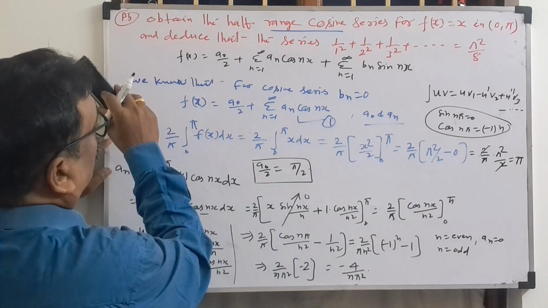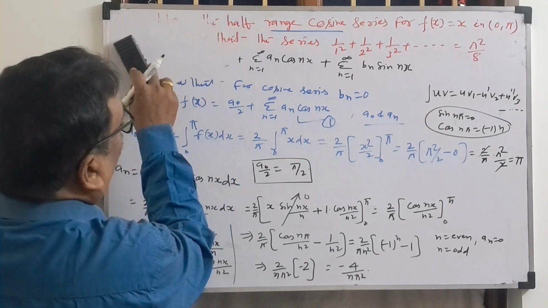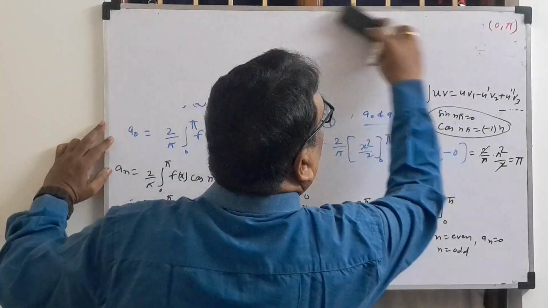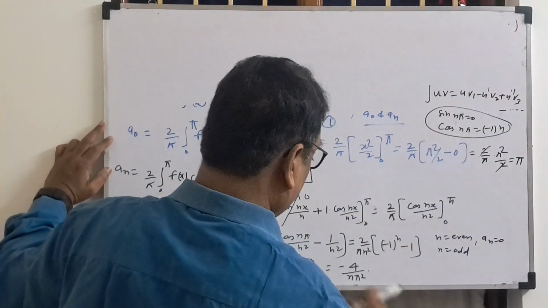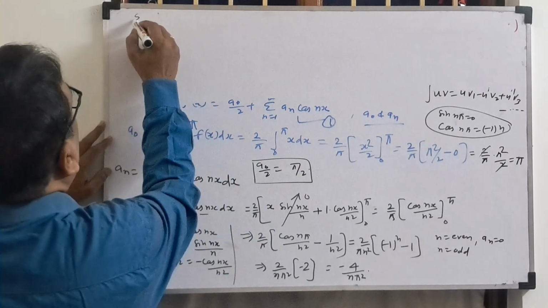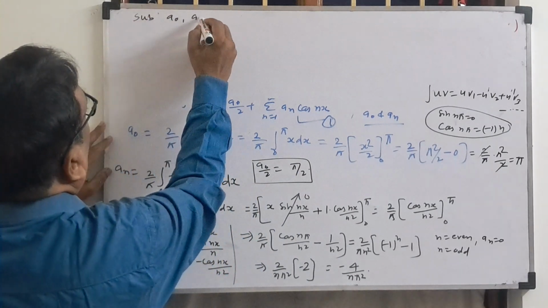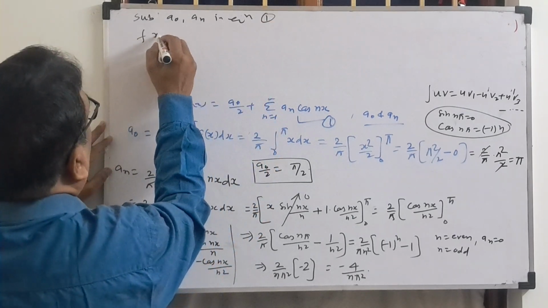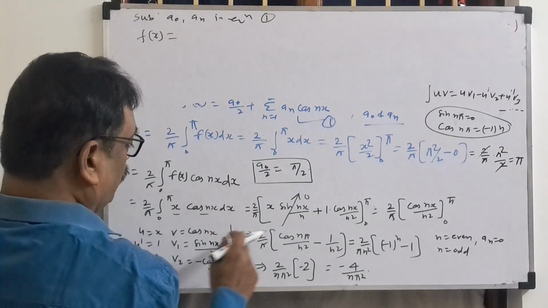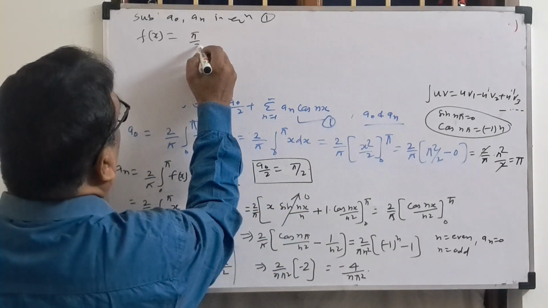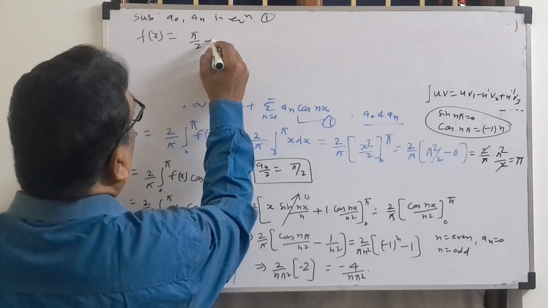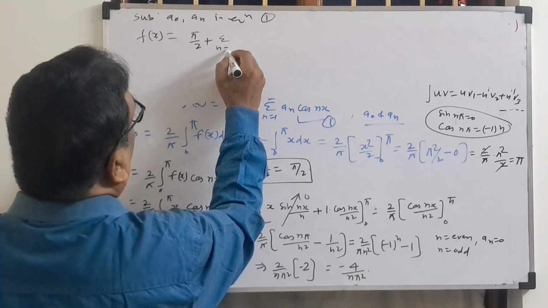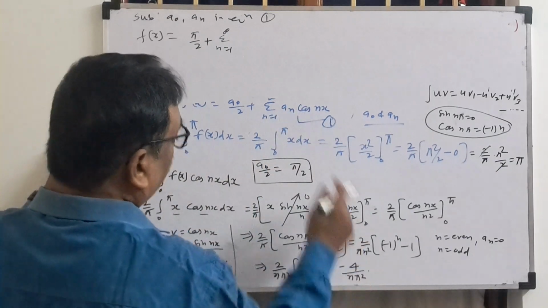So this problem I am going to write now here. Equation 1 should be there. Substitute the Fourier coefficients, a0 and a n, in equation 1. So what is equation 1? f(x) equal to a0 by 2. Directly I wrote here pi by 2. Then plus summation n is equal to 1 to infinity. What is a n?